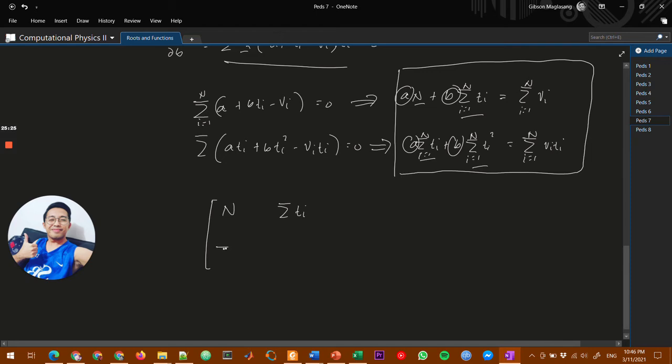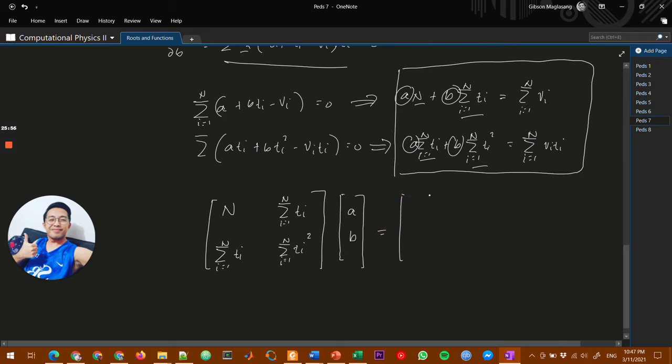So we have summation t sub i, right? And then summation t sub i squared, where i runs from 1 up to n. Okay, and then this one is a and b. Okay, so this looks neater.